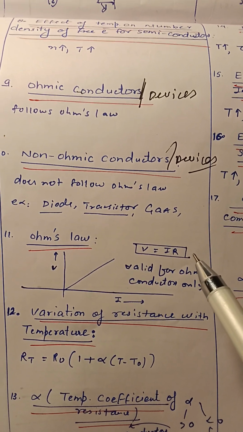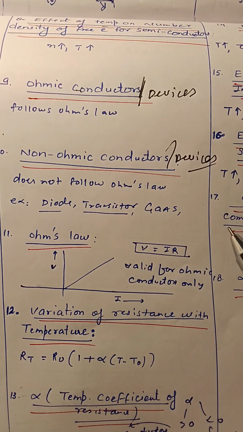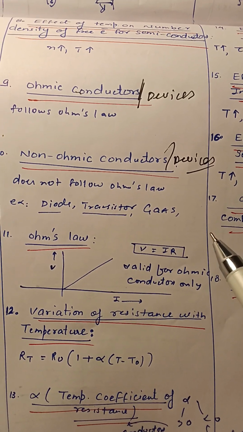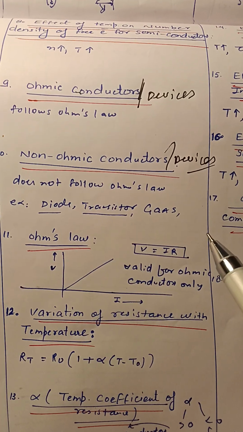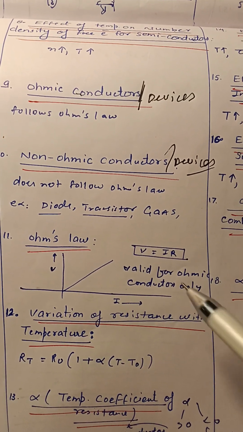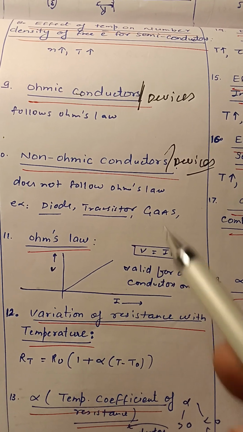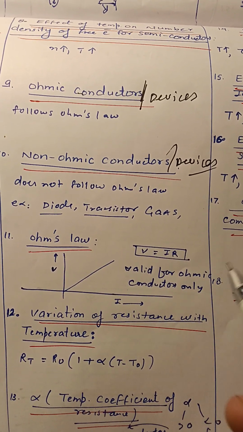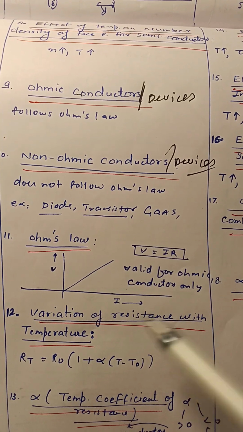Although there exist elements for which resistance is variable, and increasing voltage may have a negative impact on the flow of current also. As far as gallium arsenide is concerned, resistance may be positive, negative, or zero for that. So for Ohm's law, resistance is constant.